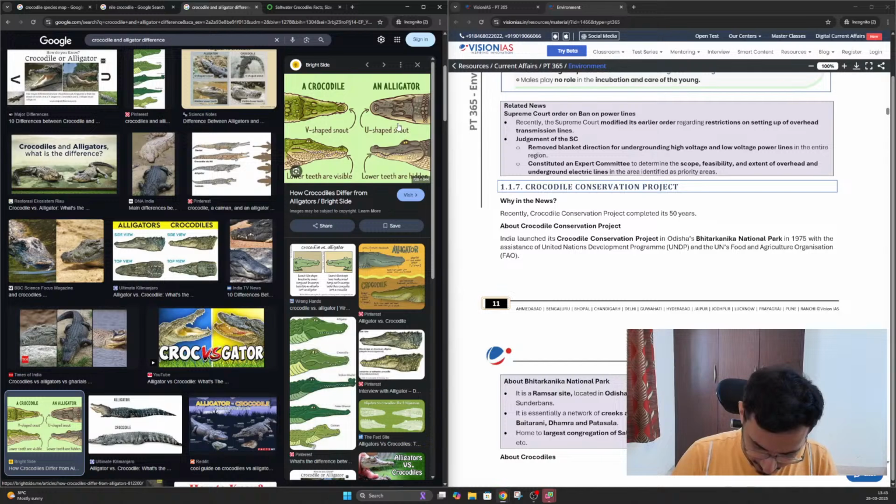1.1.7 is where I'm at. 1.1.7 crocodile and alligator.